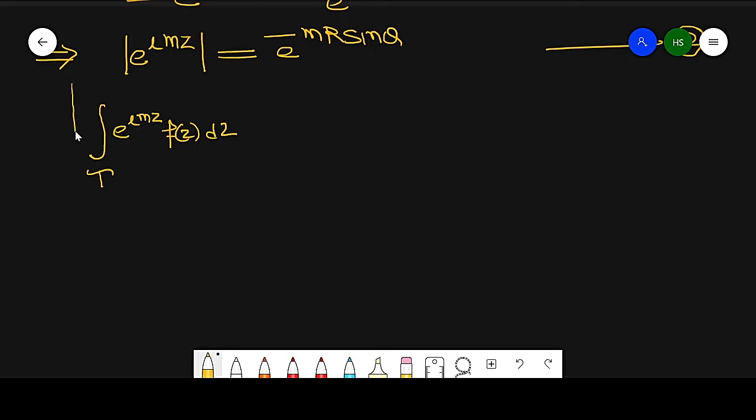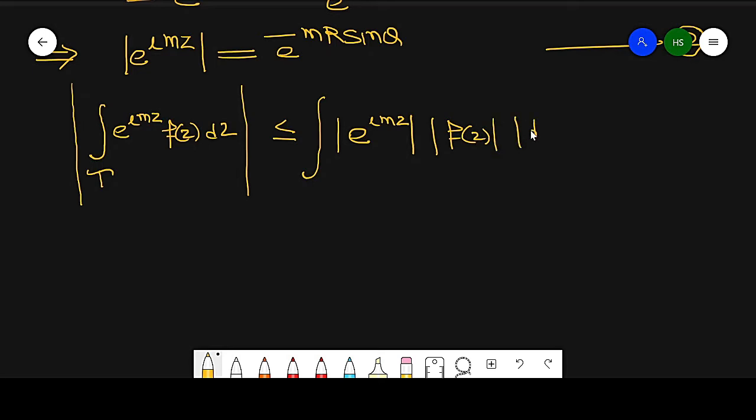Now taking the modulus, this is less than or equal to the integration of modulus of e raised to power iota mz into modulus of f(z) into modulus of dz.